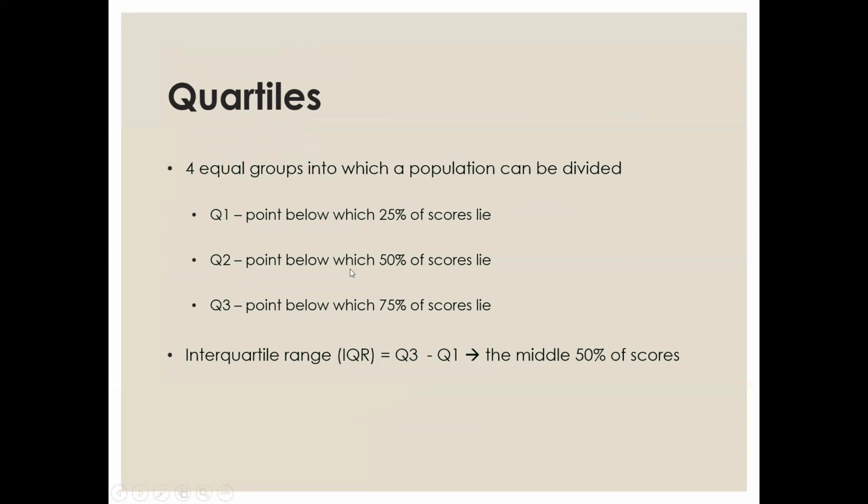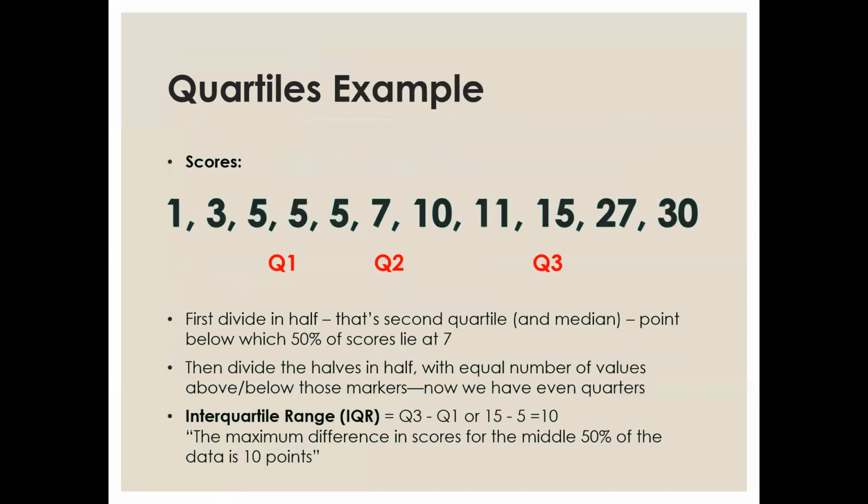If you're looking at quartiles, you just divide groups in half, and then you divide them in half again, and I'll show you here. So the example is, what quartile do I score in? You divide the numbers in half. You divide the middle score, right?